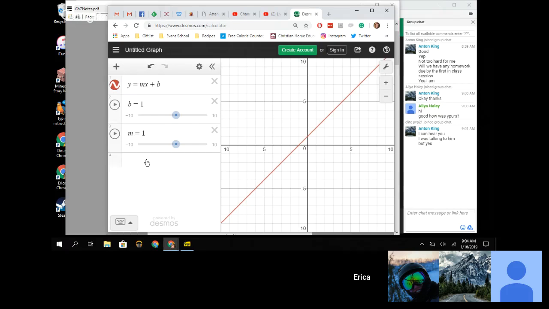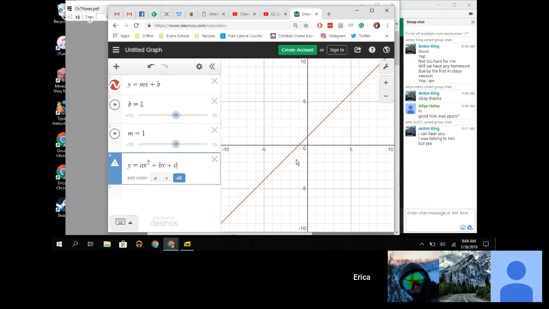We have learned about quadratic functions, and we spent a lot of time on quadratic functions, especially before break. A quadratic function is when you have the general form y equals ax squared plus bx plus c.